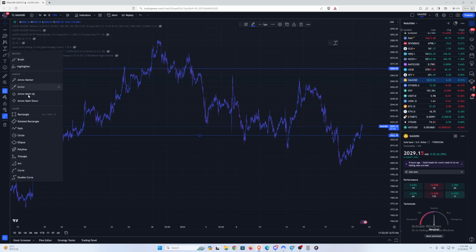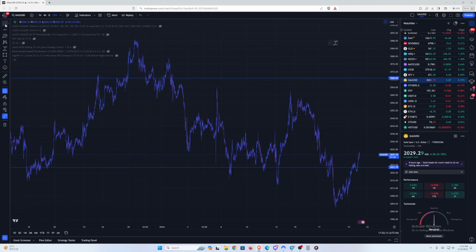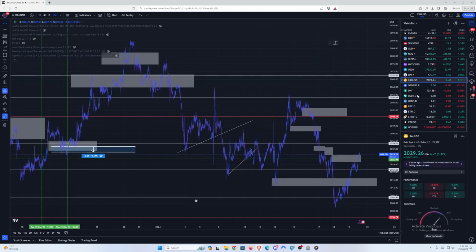You need to do all that first, okay? You need to watch all those videos and understand how it works, support and resistance, supply and demand zones, and then after you've drawn all that on your chart, it will look like this.